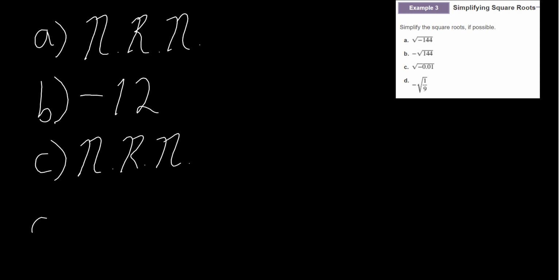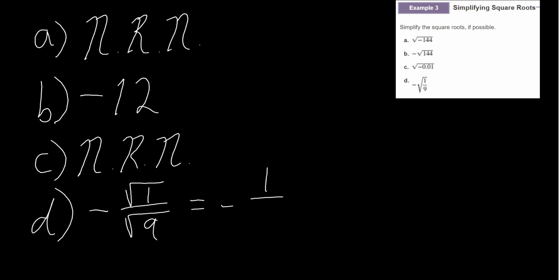And then D, we have the square root of negative 1/9. Same thing. The negative sign's on the outside, so we can say the negative square root of 1 over the square root of 9. What's the square root of 1? That's just 1, so negative 1 over 3, negative 1/3.